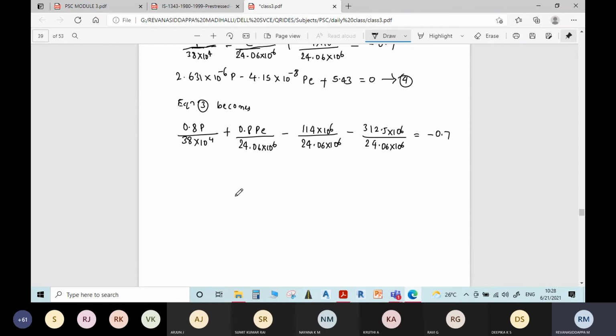You will get one more equation now. 0.8 divided by 38 into 10 power 4. How much? 2.10 into 10 power minus 6, sir. 2.10 into 10 power minus 6 P plus 0.8 divided by 24.06 into 10 power 6. 3.10 into 10 power minus 8.